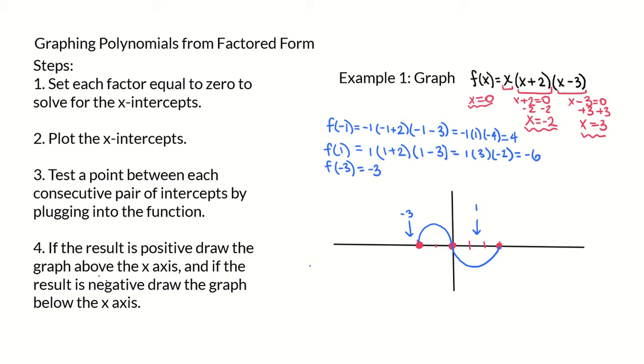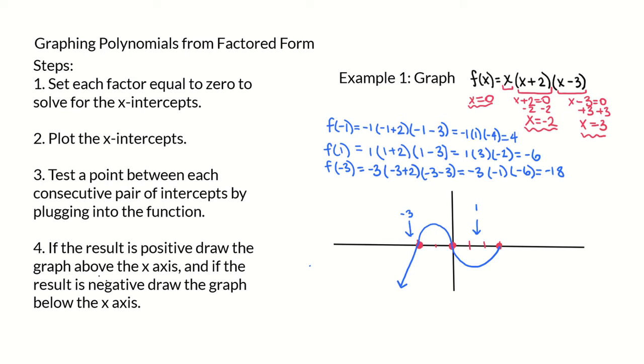That would be negative 3 multiplied by negative 3 plus 2 multiplied by negative 3 minus 3, which is negative 3 times negative 1 times negative 6. Negative 3 times negative 1 is 3, times negative 6 is negative 18. Since that result is negative, to the left of the x-intercept negative 2, the graph is negative.